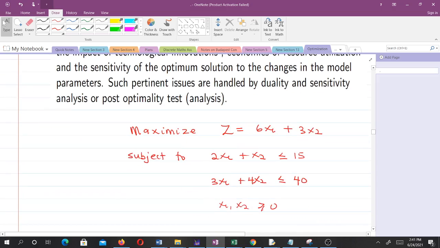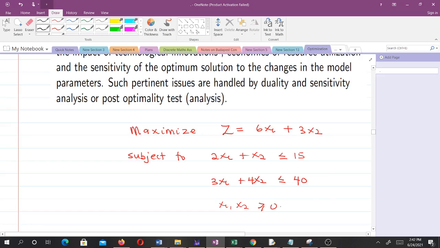For instance, we have this model here which says we should maximize this objective function, and it is a profit function. So we are trying to maximize profits. We are maximizing z equals 6x1 plus 3x2, and it is subject to these constraints.